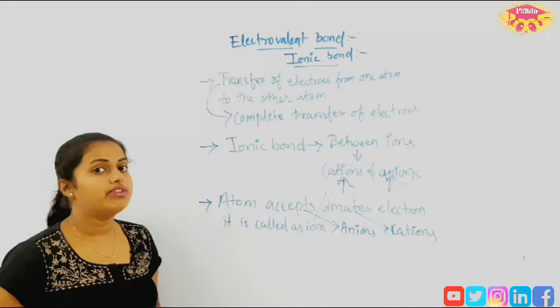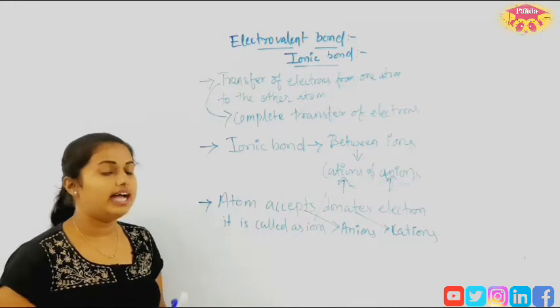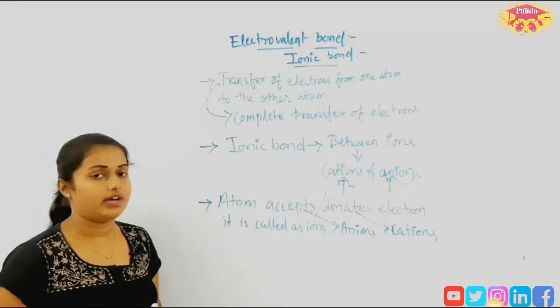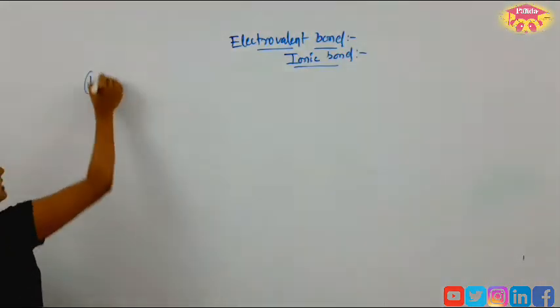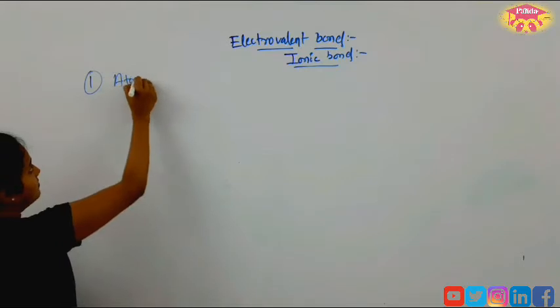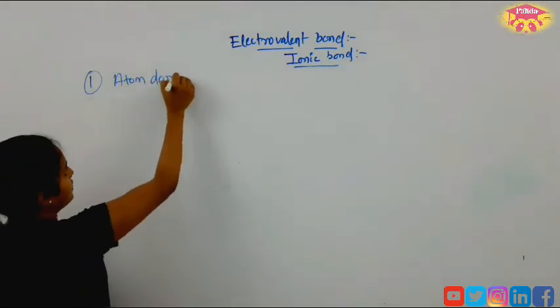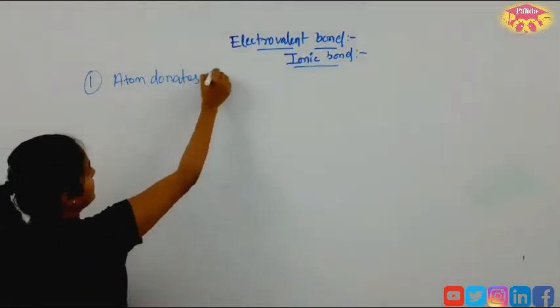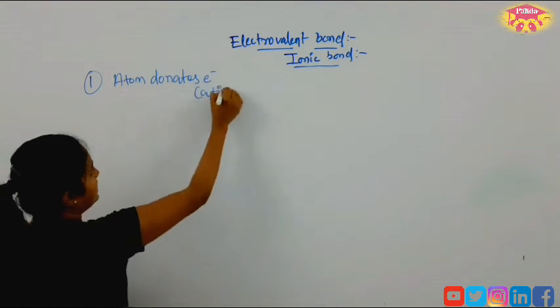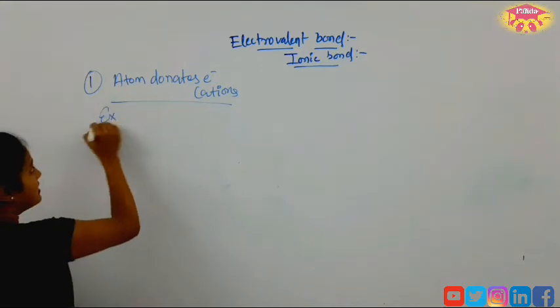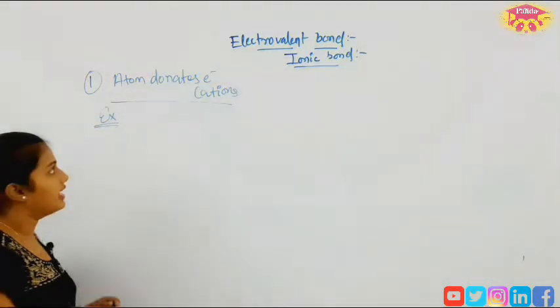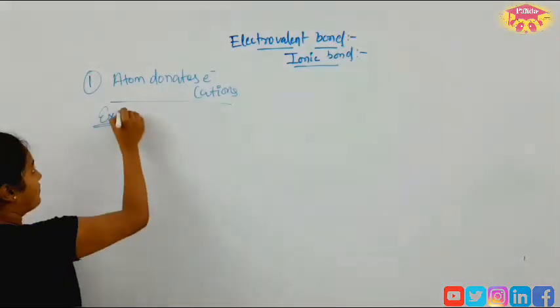Now we will discuss the size and the structure of anion and cation, and how they are formed. Students, I said that when an atom donates electron, it forms cations. So for example, let us take any atom which can donate electron.